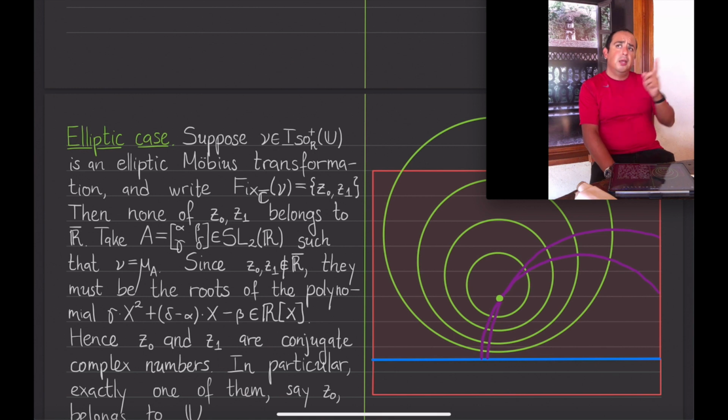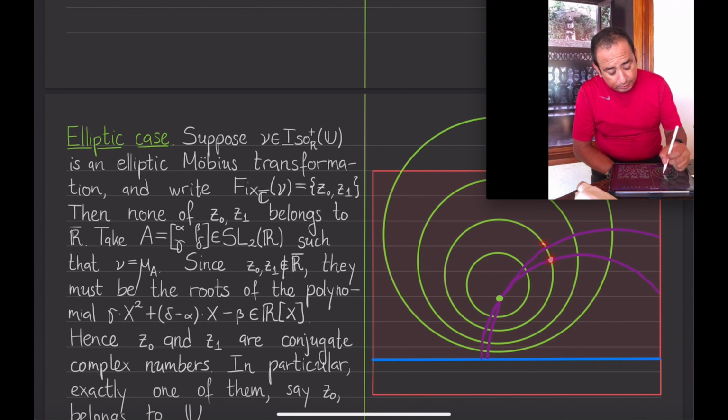This we saw, and it's an if and only if. But otherwise, it has infinite order, and one would expect that if the elliptic transformation has infinite order, then whenever I take any point, its orbit becomes dense, right? So this I leave you to think about.